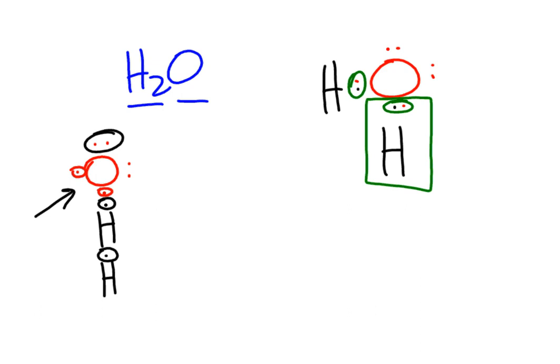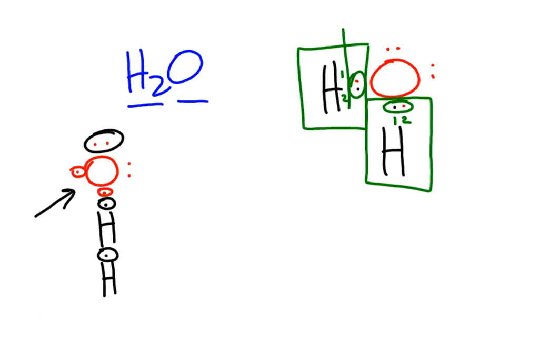The answer is yes, because it has 1, 2 electrons. What about this one? Is that hydrogen happy? It is, because it has 1, 2 electrons. Does it matter that one of the electrons is coming from a different atom? No, because electrons are electrons. That's how they view it.